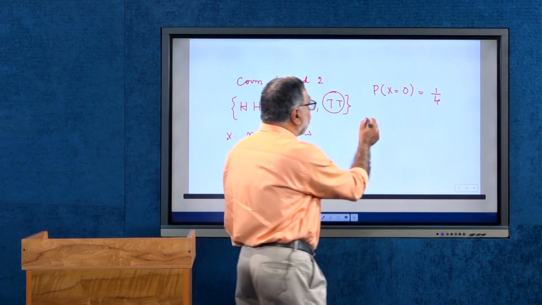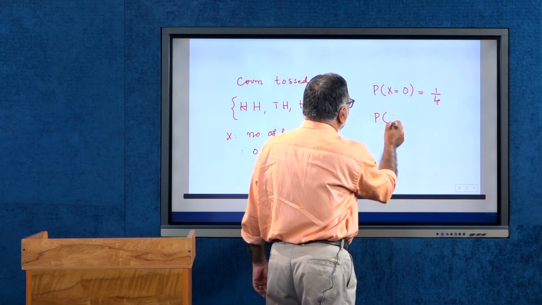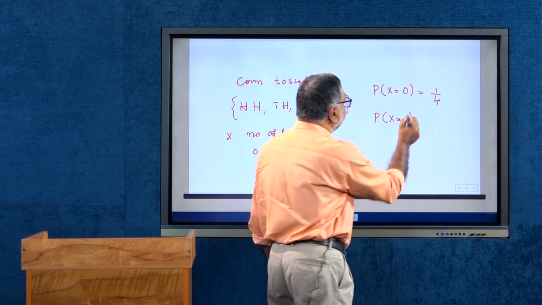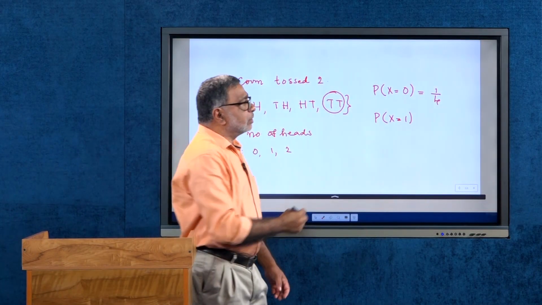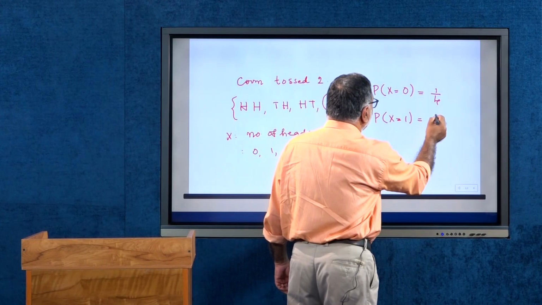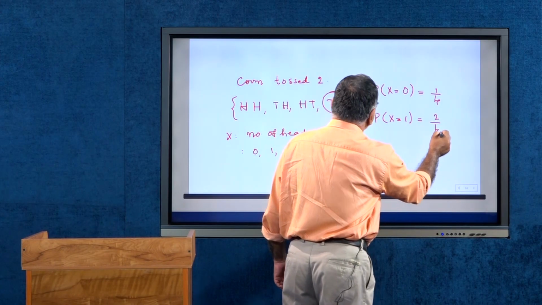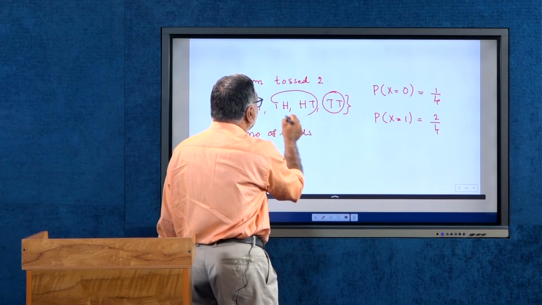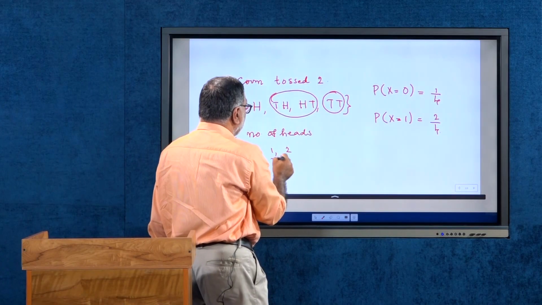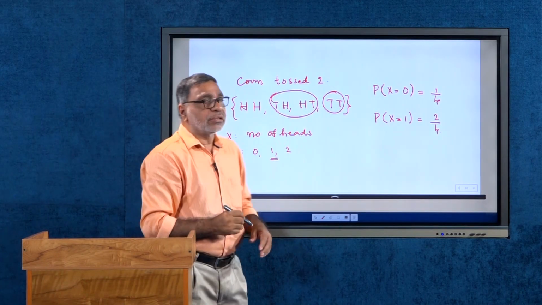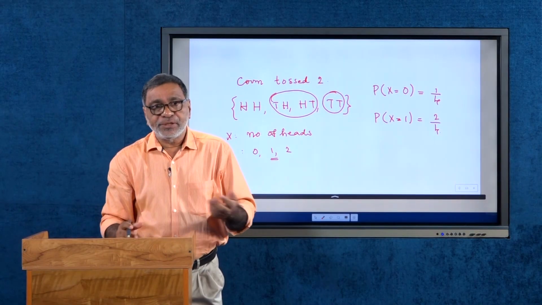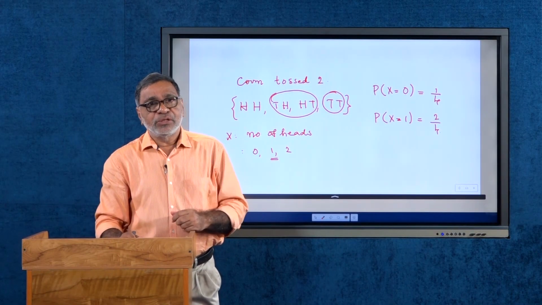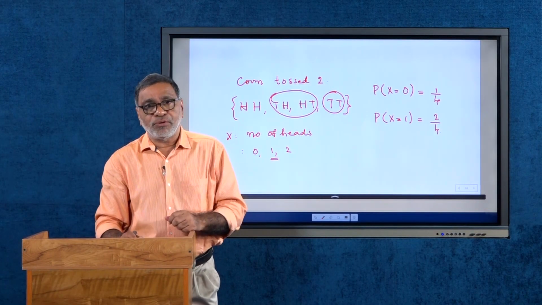And probability of x is equal to 1: there are 2 favorable cases out of 4, because only one head is obtained if it is TH or HT.